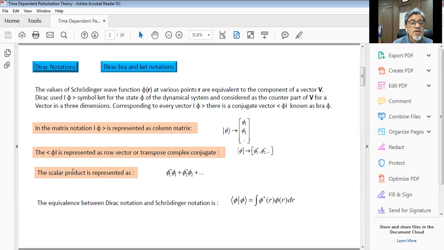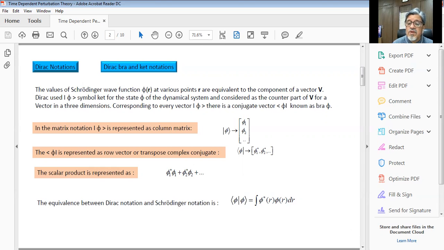The scalar product is represented as phi 1 star phi 1 plus phi 2 star phi 2 plus the other terms. The equivalence between Dirac notation and Schrodinger notation is given as bra phi ket phi equals the integral of phi star(r) phi(r) dr.